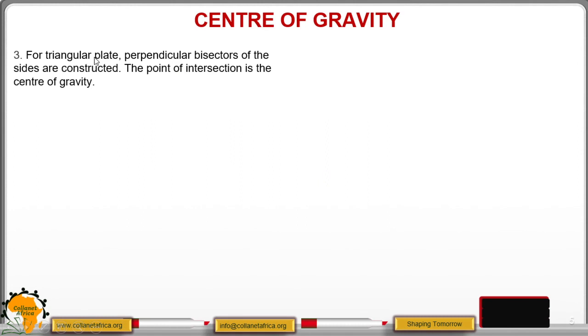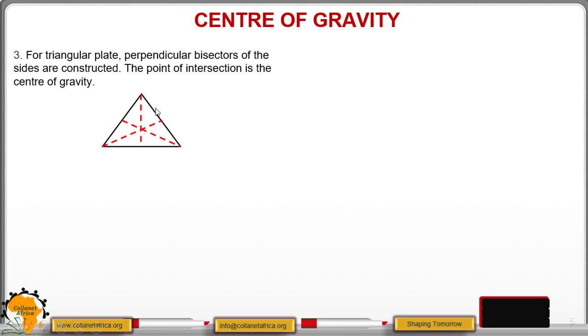For triangular plates, the perpendicular bisectors of the sides are constructed, and the point of intersection represents the center of gravity of these objects. This is our triangular plate, and we will draw the perpendicular bisectors. Start with this side here, and the perpendicular bisector will be this one.